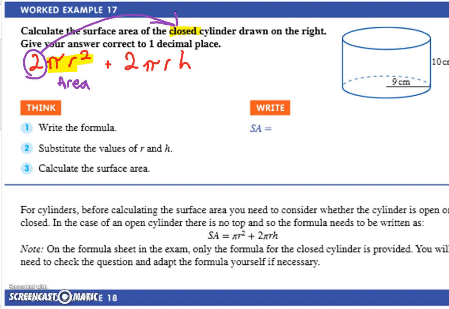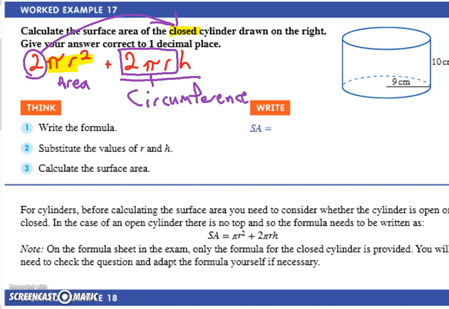Okay. Then, what does that come from? No. Area ends up in a square. That is the circumference, and that's the height. Now, that is your rectangle. That 2 pi r h is the rectangle. That's opening up the cylinder and laying it out flat.